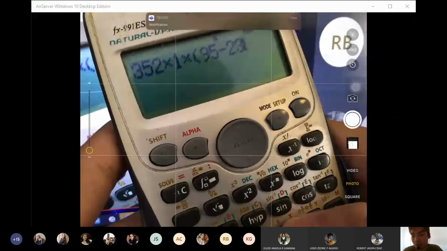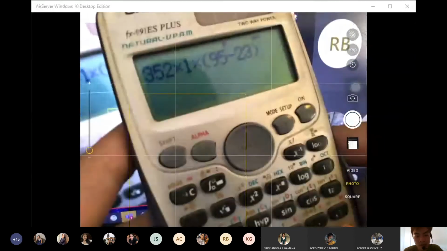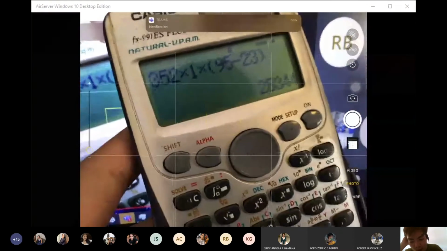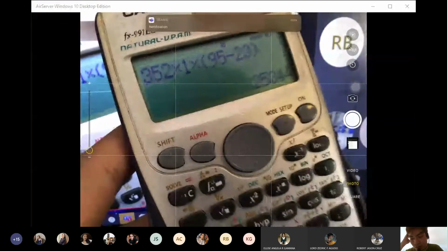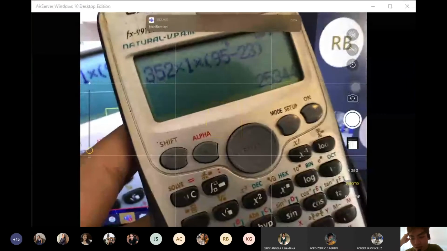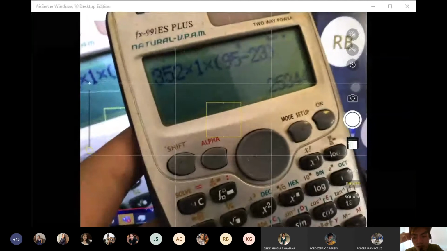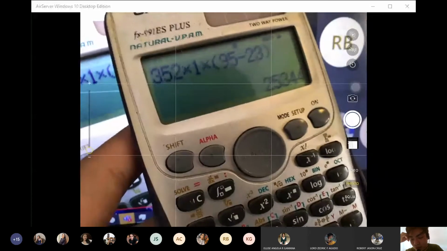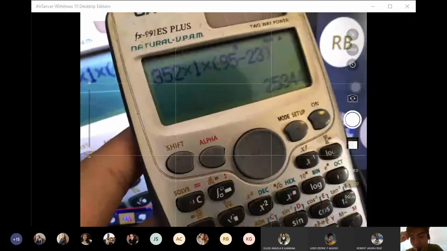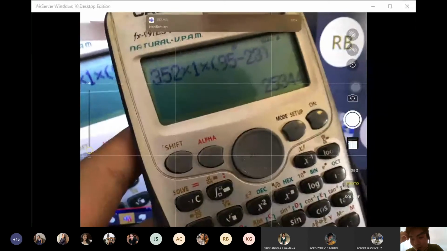Then close parenthesis, then the equal sign. So, we have 25,344 calories. You can convert it into scientific notation, which is 2.5344 times 10 raised to 4 calories.